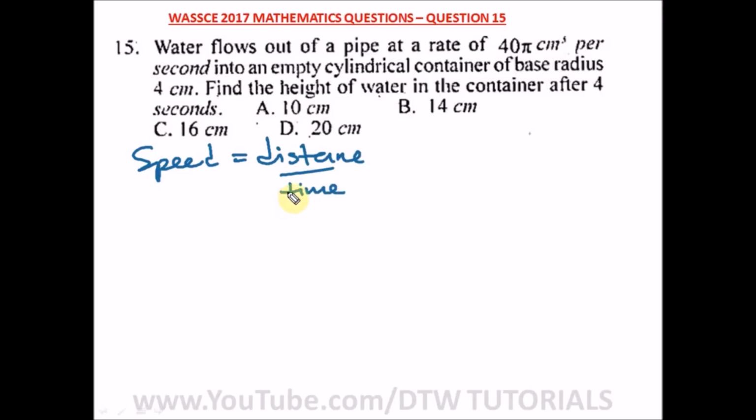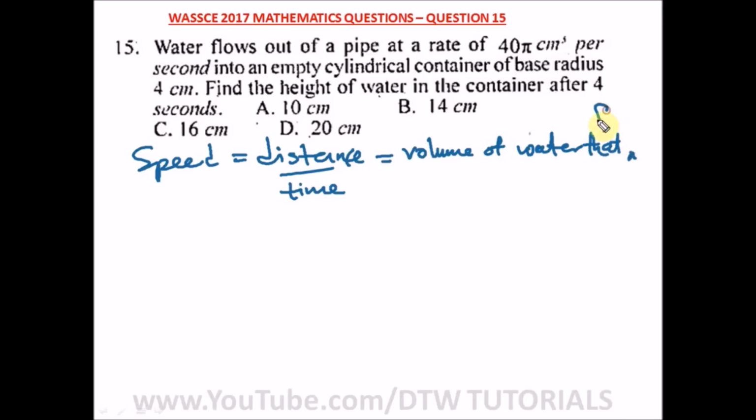Remember that the water flows out of the pipe at this rate into an empty cylindrical container of base radius 4 centimeter. Remember, the distance is equal to the volume of water that flowed.